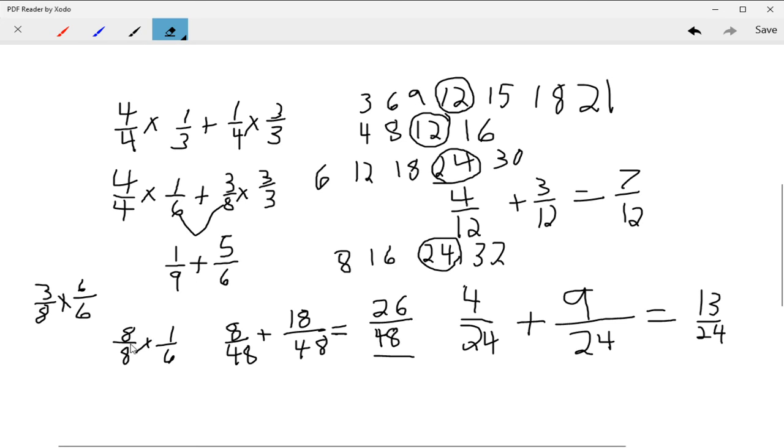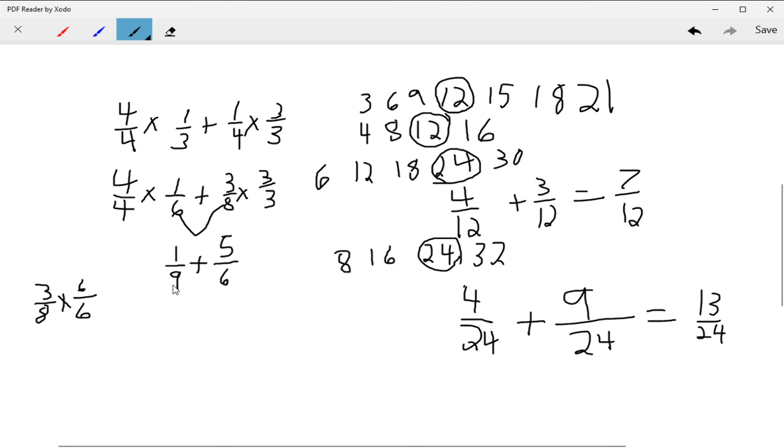Let's try to erase some of this so we can do 1/9 plus 5/6. So I'm going to think about multiples of 9. So we have 9, 18, 27. And right away, I realize that 18 is also a multiple of 6: 6, 12, 18.